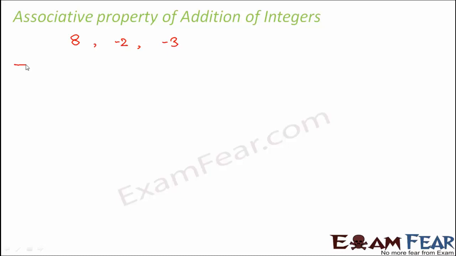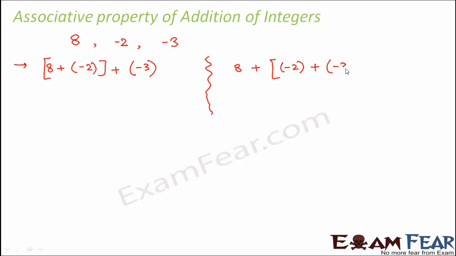Now here in this case, we see that if you add them in this order, 8 plus minus 2 plus minus 3, this is one way in which you can add them. There is also another way, that is 8 plus minus 2 plus minus 3. So basically in the first case you add the first two integers first and then you add the sum to the third integer.